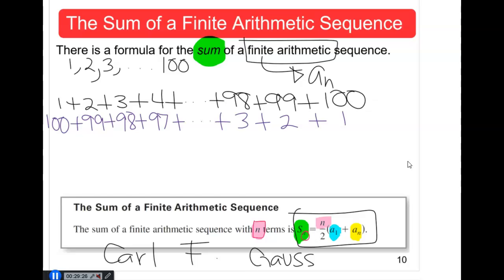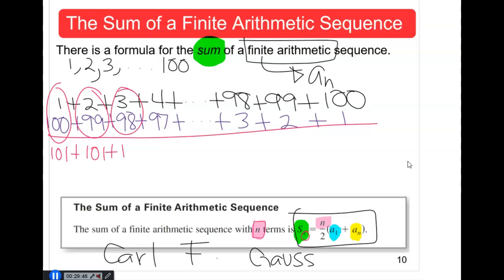So then he thought about this: what if I add every column, if I add the numbers vertically? And so 1 plus 100 is 101. Then 2 plus 99 is equal to 101. 3 plus 98 is equal to 101. 4 plus 97 is 101.